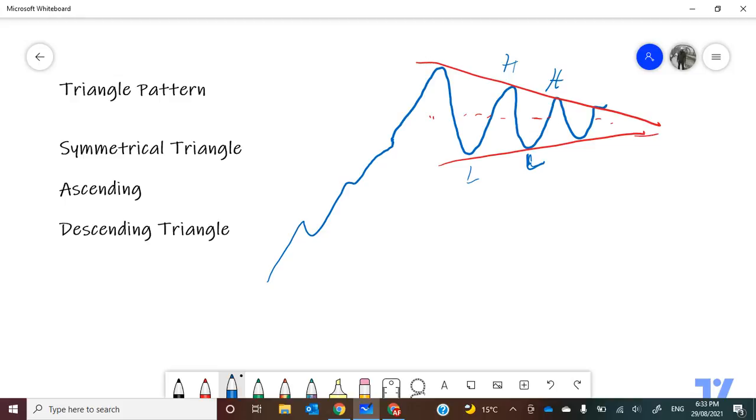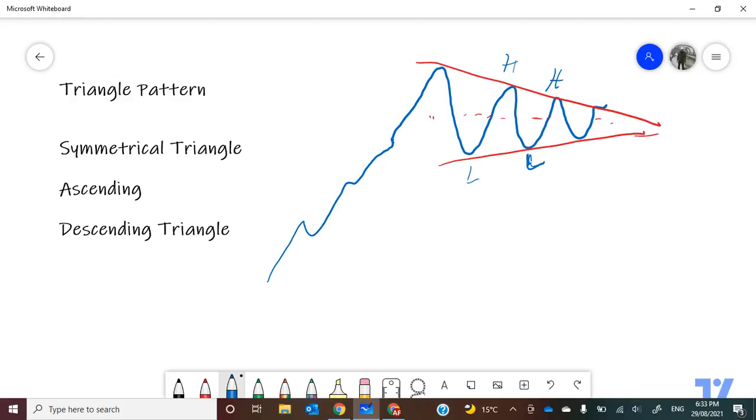When these points are connected, like here, we're connecting the lines. The lines actually converge as they are extended. So these two highs and these two lows, we just connect these and the lines converge here.